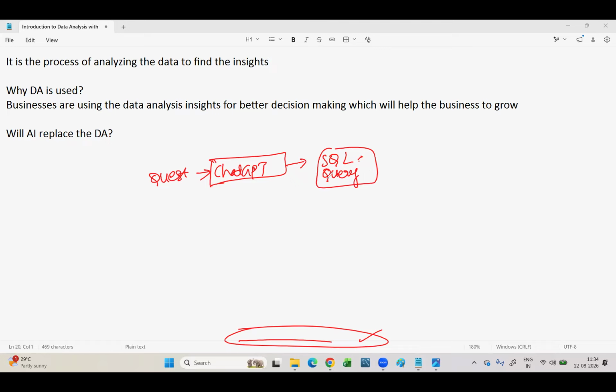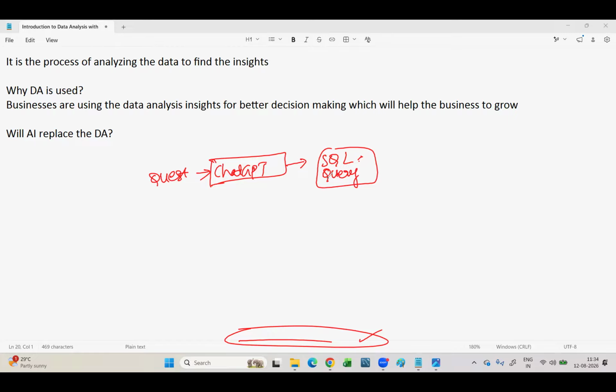Just see the difference now, without the core technical knowledge. By core I mean it can be data analysis, Java programming or Python programming, whatever. I'm talking about data analysis. If you don't know the data analysis skill set of Python, SQL or Power BI, you can ask a question, but how can you verify the answer? It is not possible.